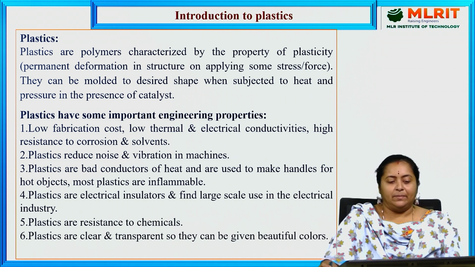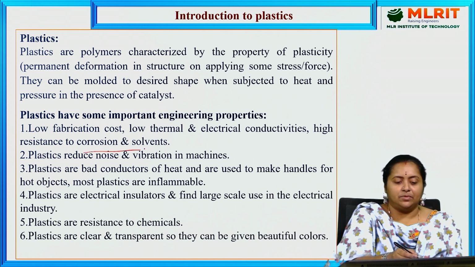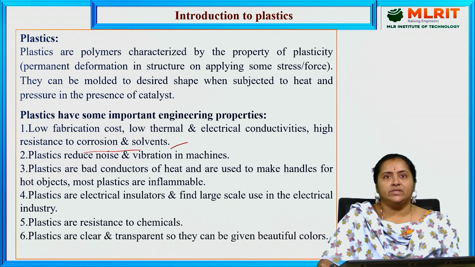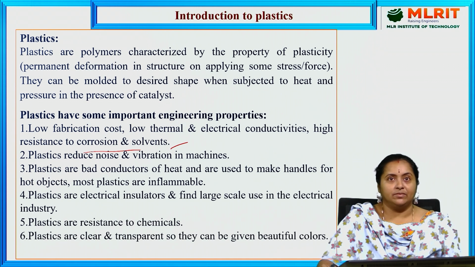Their fabrication cost, that is their manufacturing cost, is very low, and they possess low thermal and electrical conductivities. Thermal means heat. They are highly resistant towards corrosion and resistant towards organic solvents. That means they are not able to dissolve in organic solvents, and they have anti-corrosive properties.